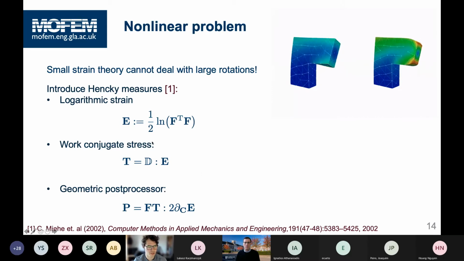The work conjugate stress is defined like this. It has no physical meaning, but Professor Miehe proposed a so-called post-processor. So if we compute the derivative of this logarithm product, then we can basically project it back into first Piola-Kirchhoff stress that we can then directly plug into our balance equation.